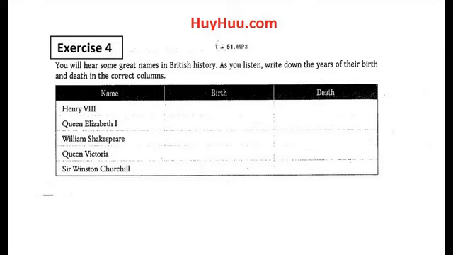He continued to write for the next 10 years, but in 1616 he finally stopped writing and went to live in Stratford, where he died in the same year. Queen Victoria was born in London in 1819 and died in 1901. Sir Winston Churchill was born in Blenheim Palace in 1874 and died in 1965.